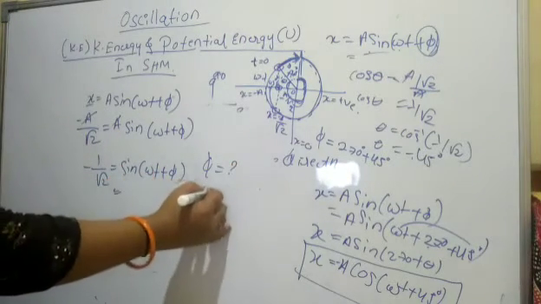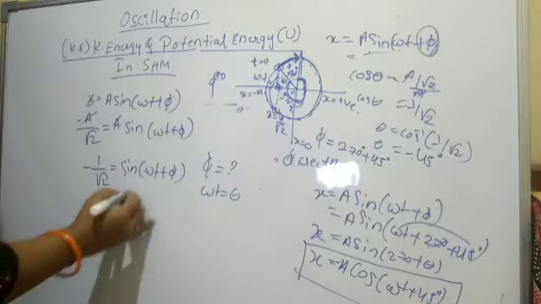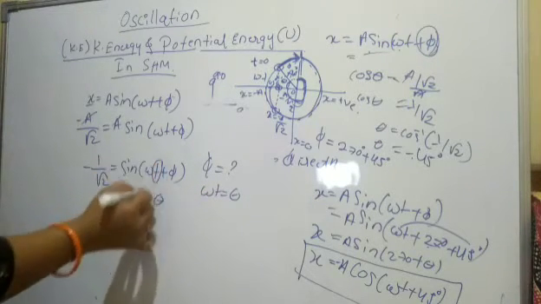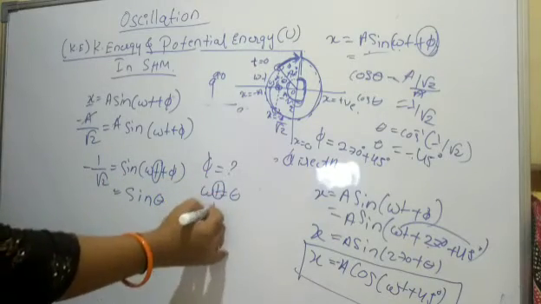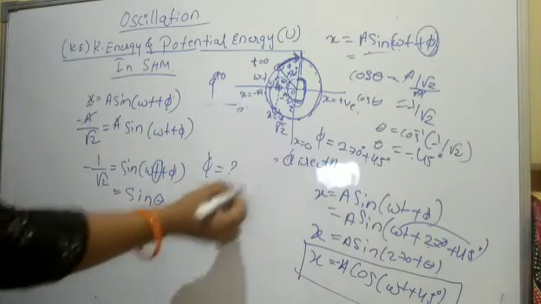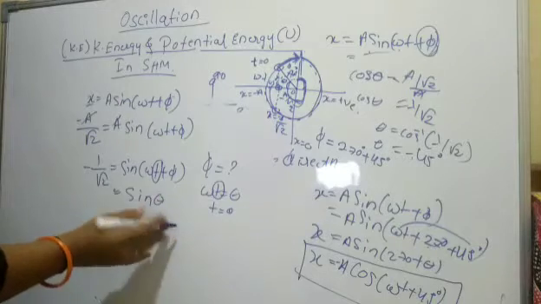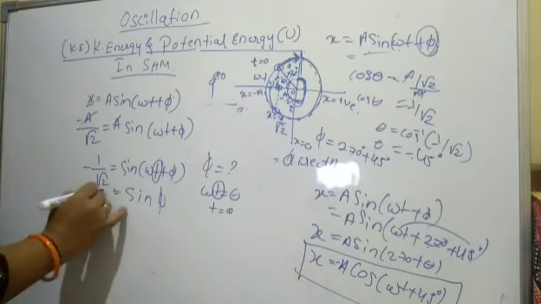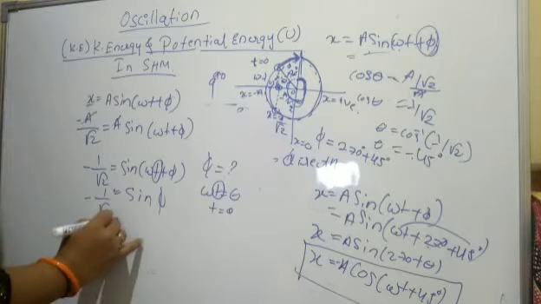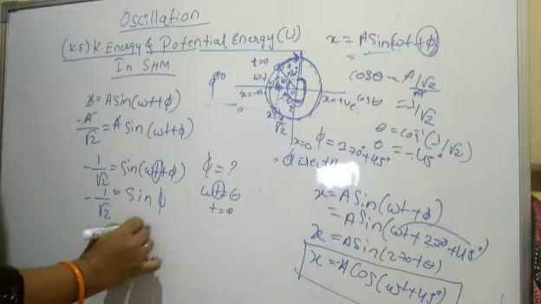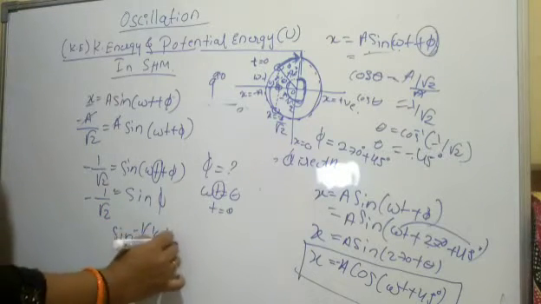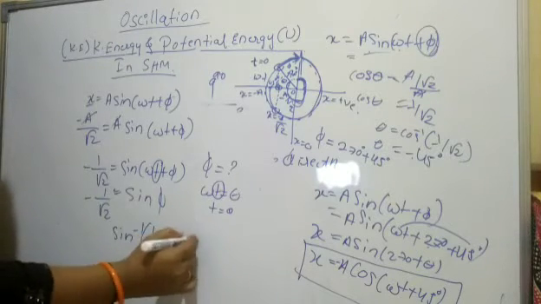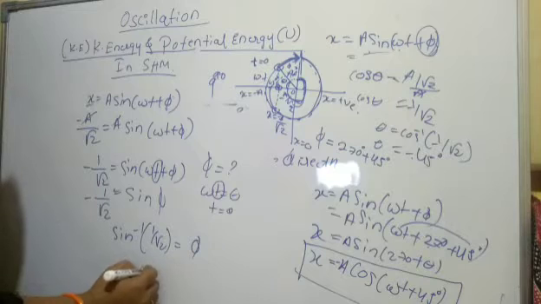So omega t is what here? Theta. So sin theta, that means t will be what here? 0, because it is moving from here. So it remains with phi. So minus 1 by root 2, so sin inverse of 1 by root 2 for phi, we are getting 45 degree.